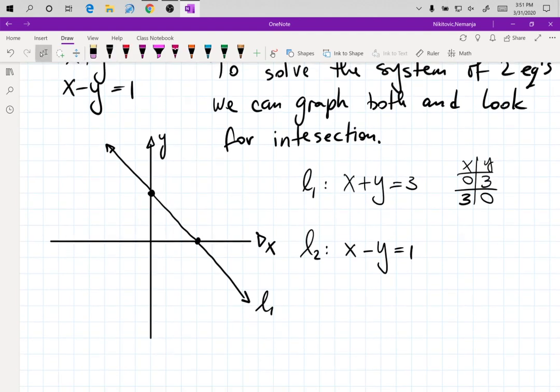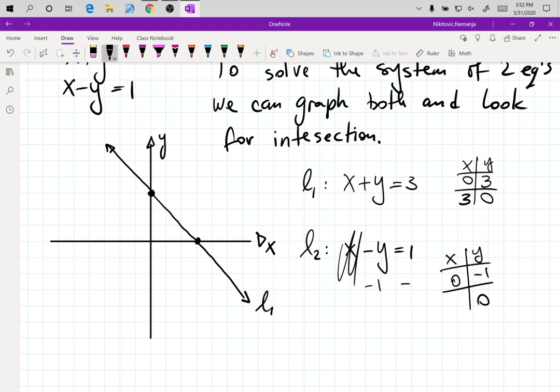Since it's given in a standard form, we do the chart again. You don't have to, but you might want to because it's so cheap. You can quickly solve many of these just by computing zeros, right? So when X is 0, we have Y to be -1.